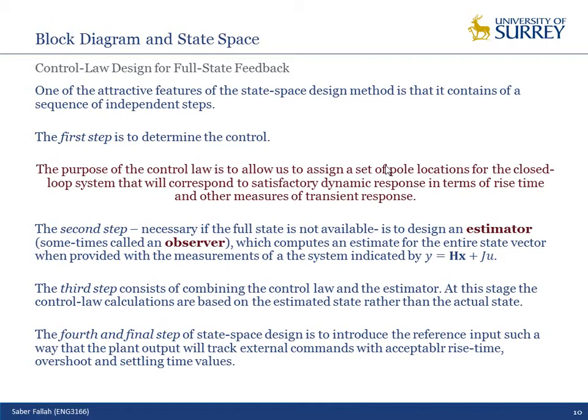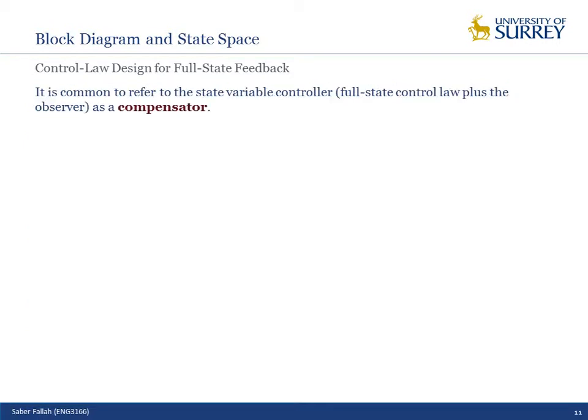It means in control law design, I assume that all states of the system are measurable or the information is available. So, in the time domain, usually we call the full state control law plus observer, the whole control module, a compensator. So if you heard the term compensator, it is the control module combining observer and control law all together.